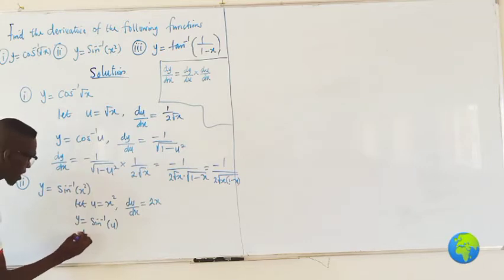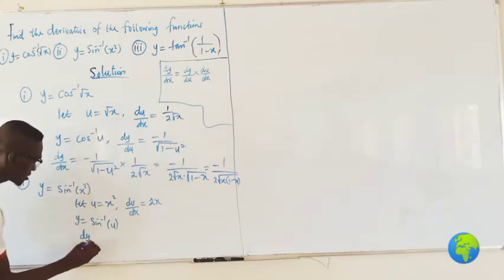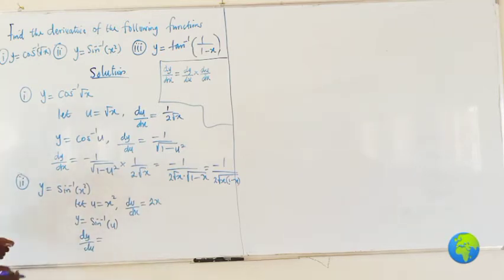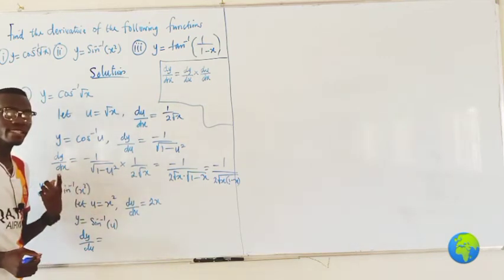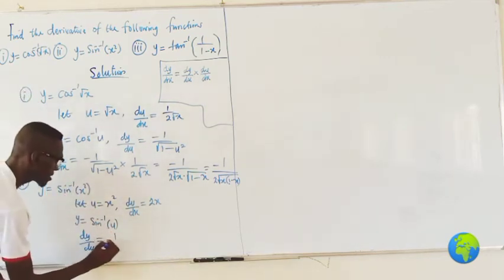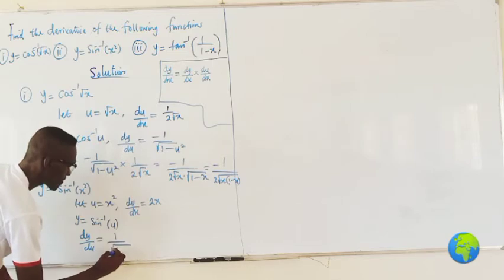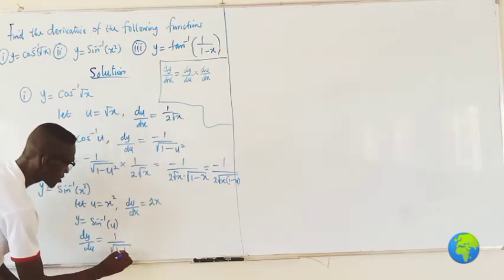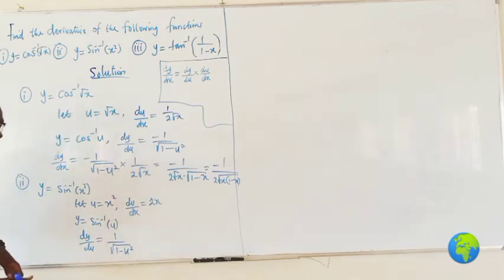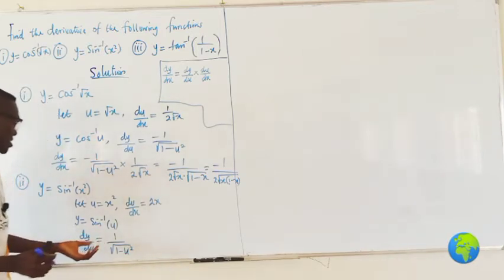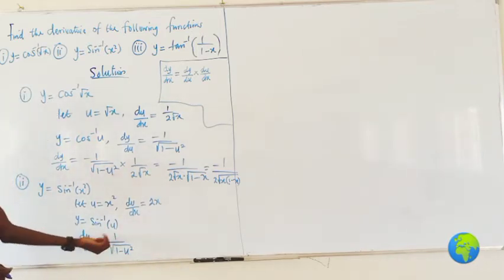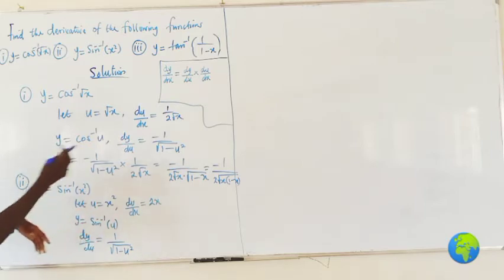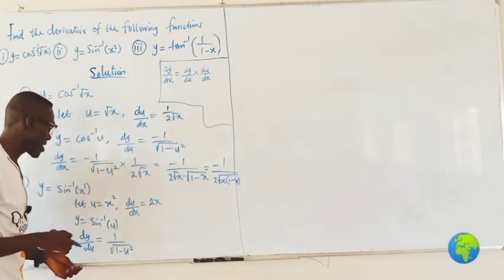So what is our dy du? Our dy du this time, recall that if you differentiate the inverse sine function, you get 1 over square root of 1 minus, instead of the x squared I've been using, we'll just use u squared. In case you are still confused about how I'm doing all these inverse sine, inverse cosine, check my videos.